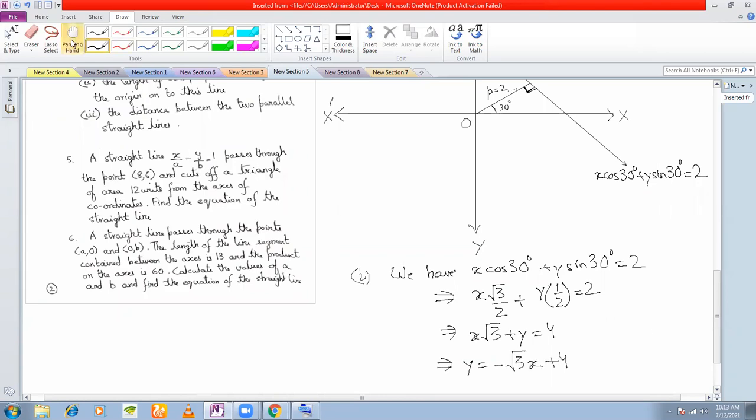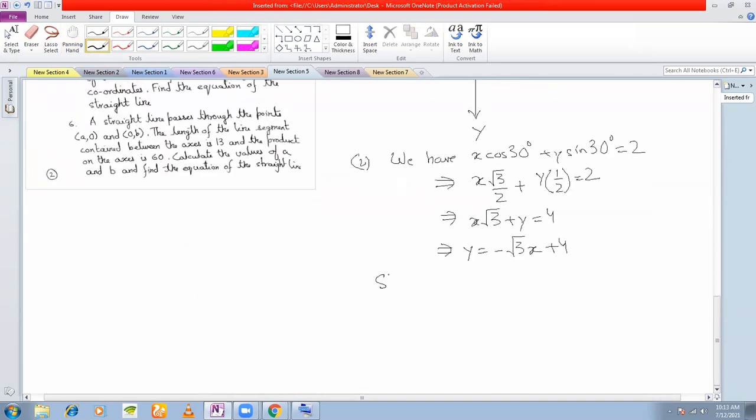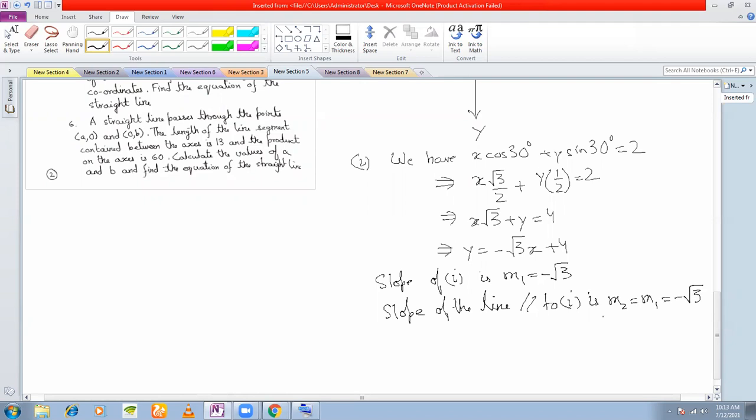So what is the slope of this line? Minus root 3. Say m1 is equal to minus root 3. What is the slope of the line which is parallel to 1? m2 equal to m1 equal to minus root 3. Same slope it must have.